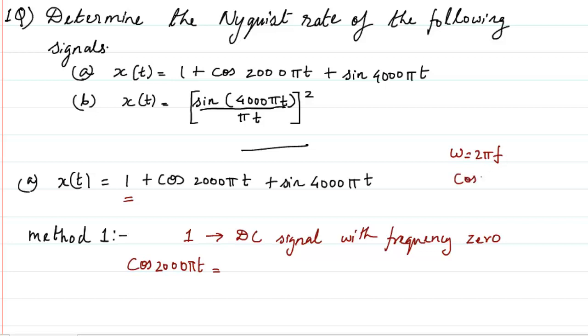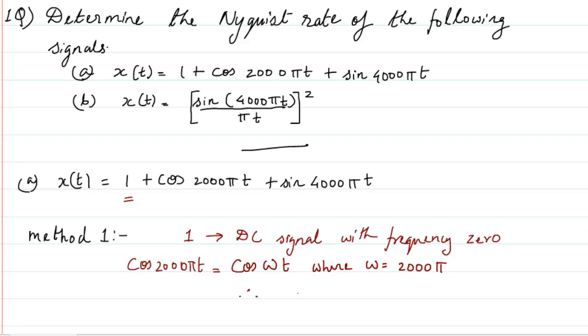So if this is taken as cos omega t, this omega here is going to be 2000 pi.